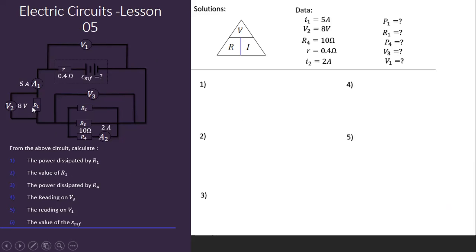So let's look at R1. What do we have? We have the voltage across R1, and we have the current. So we have current and voltage, and they want us to calculate power.